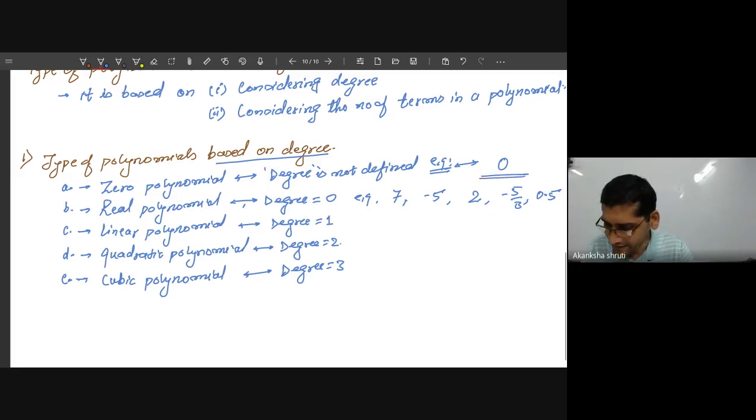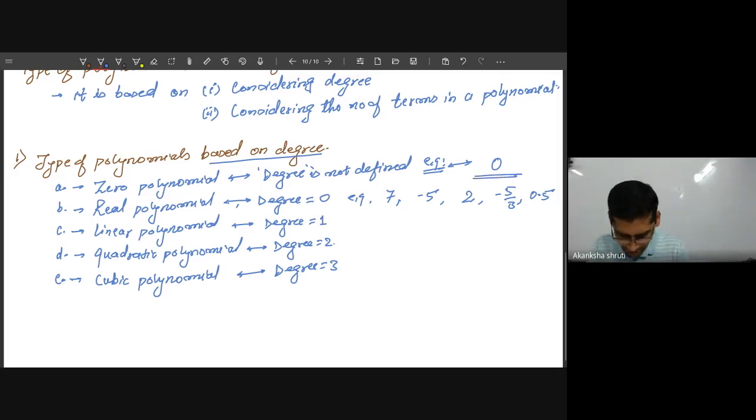Okay, students? Why it cannot be a real polynomial, I will explain later. A real polynomial always has degree 0, but for the zero polynomial, the degree could be anything. That's why it is written as not defined.